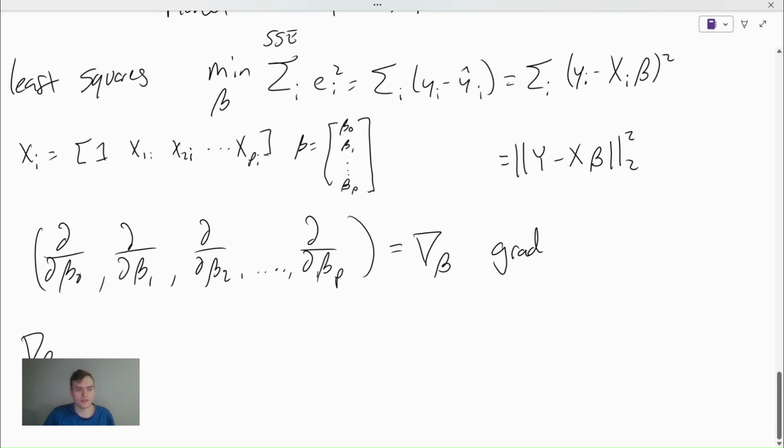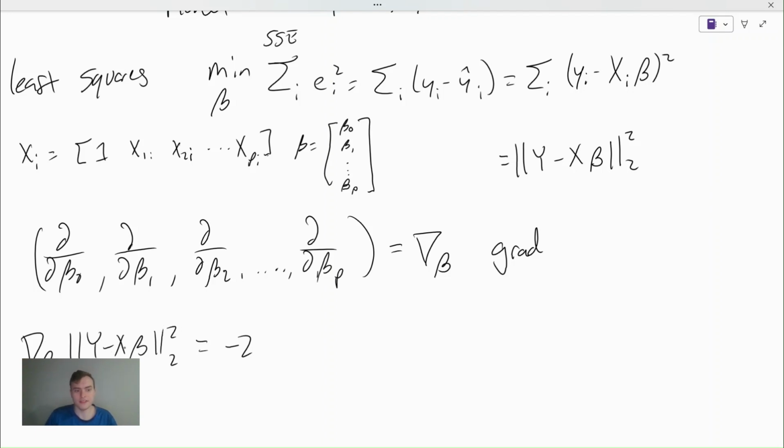So grad beta of the norm of y minus x beta squared, that's going to be, so taking the derivative with respect to beta, we're going to get the -2 out front, same as last time, because this squared is going to move over there, and this negative sign is going to move over there.